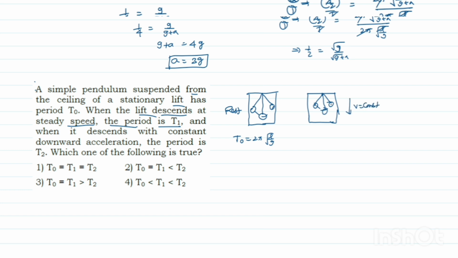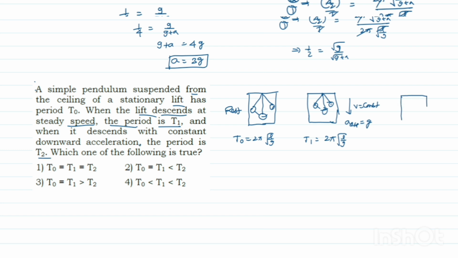If any body is moving with uniform velocity, the effective acceleration is nothing but g. So in this case also the time period formula will be 2π√(L/g) alone. And the third case: it descends with constant downward acceleration. The period is given as T2.